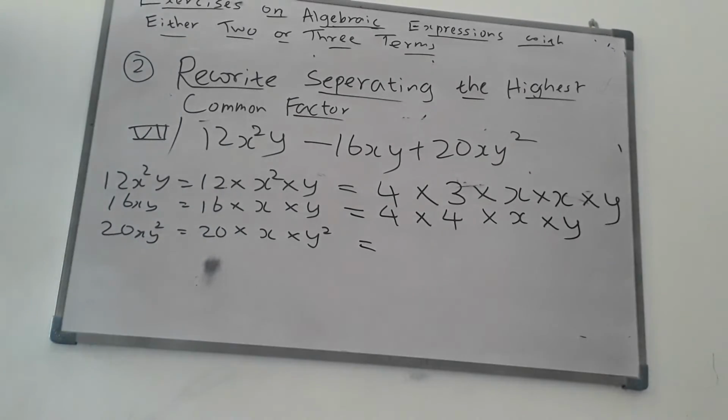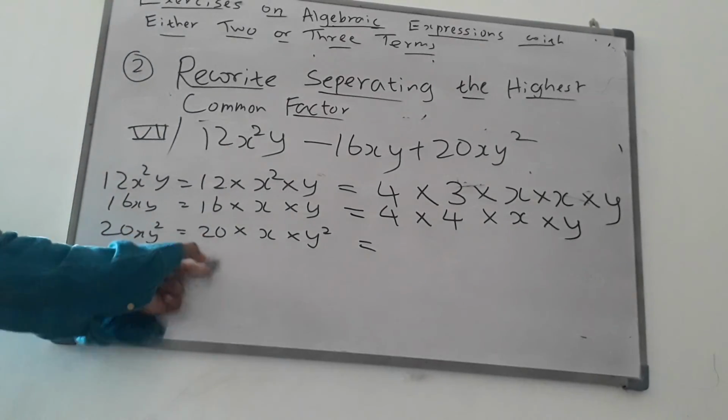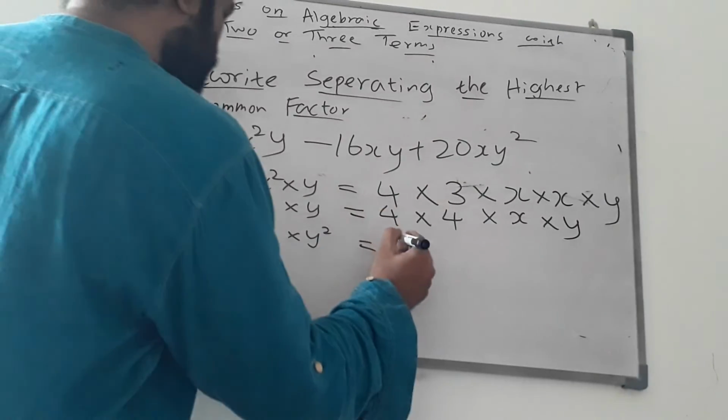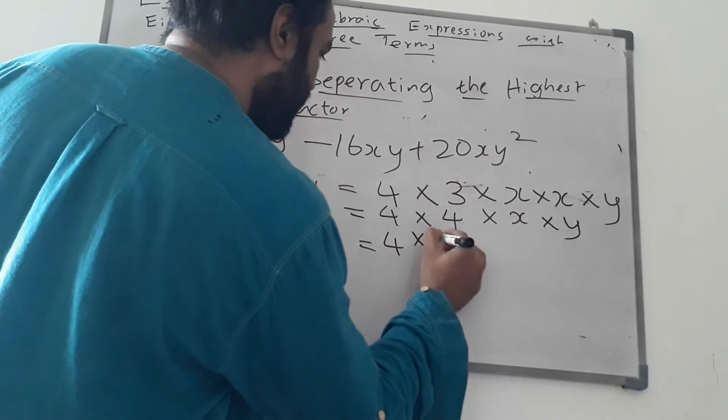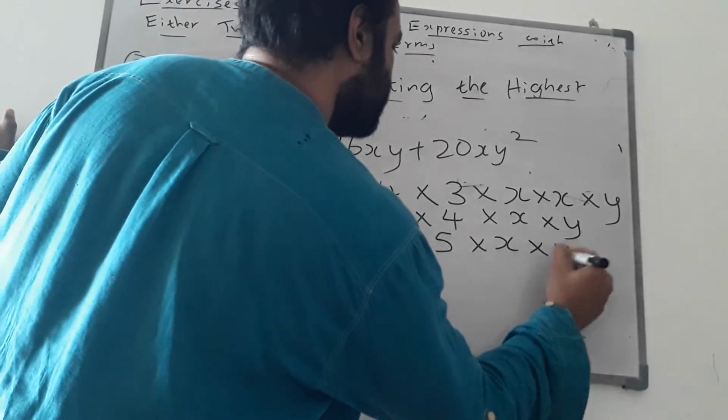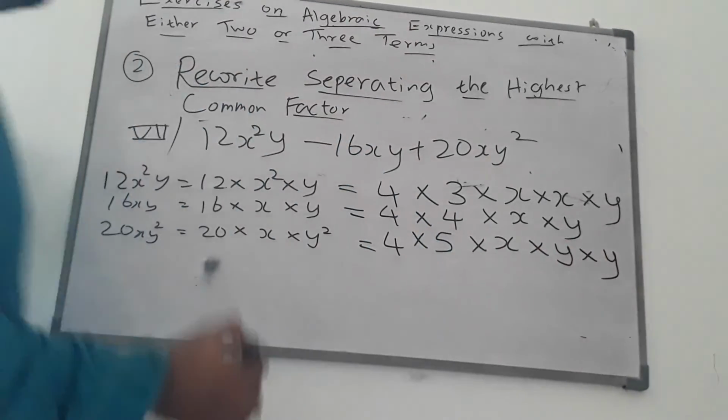Then 20xy squared. Highest common factor is 4. So 20 means 4 times 5, times x times y squared, which means y times y.